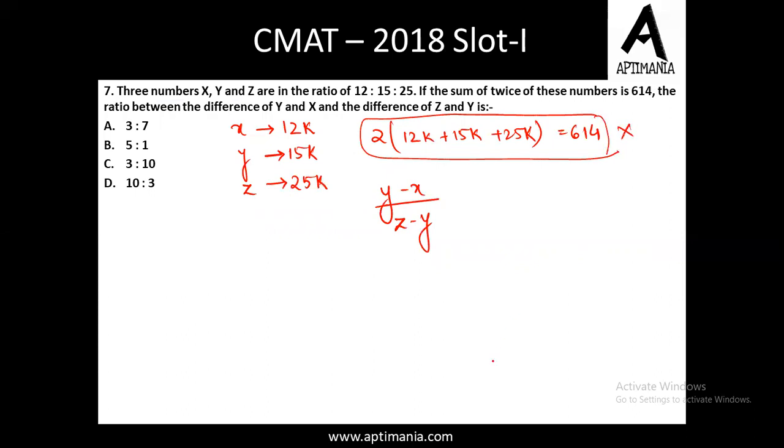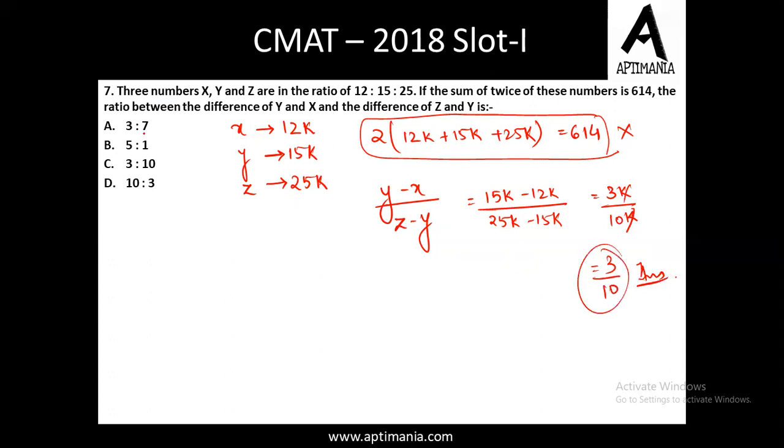We can find the value directly even without the help of this equation. I'll put y equal to 15k minus x equal to 12k, upon z equal to 25k minus y equal to 15k. So in the numerator I'll have 3k, in the denominator I'll have 10k. This k and k will get cancelled out. I'll have the ratio as 3 upon 10, which is the correct answer for this question.